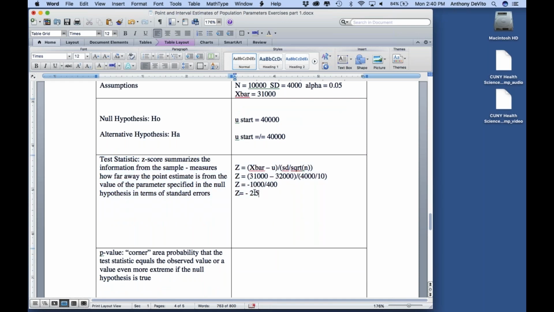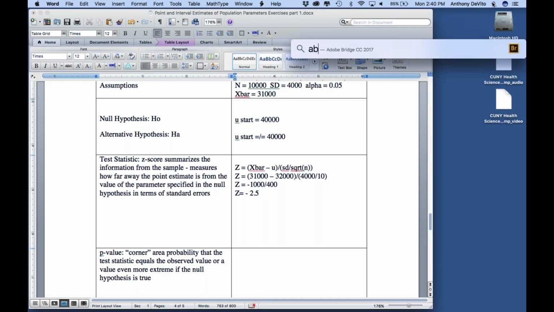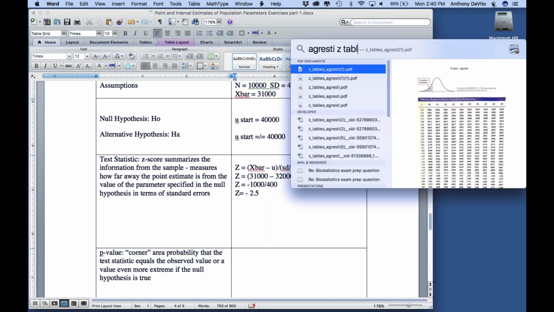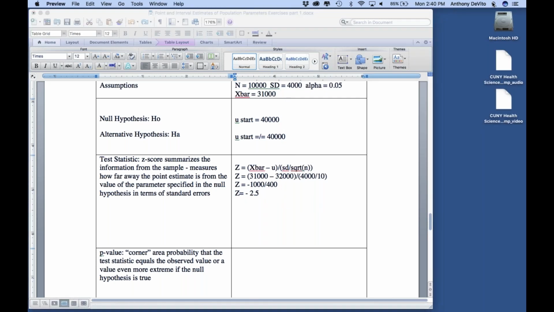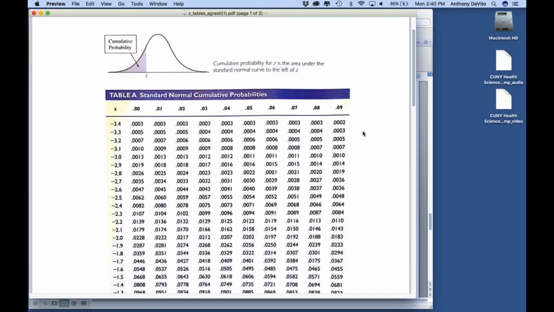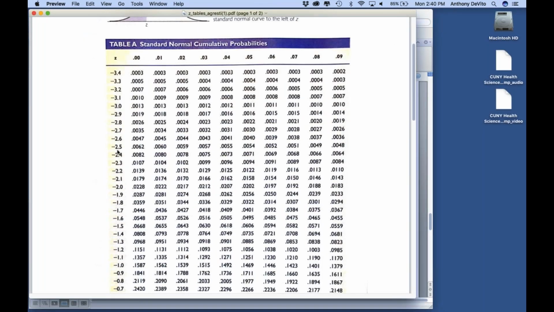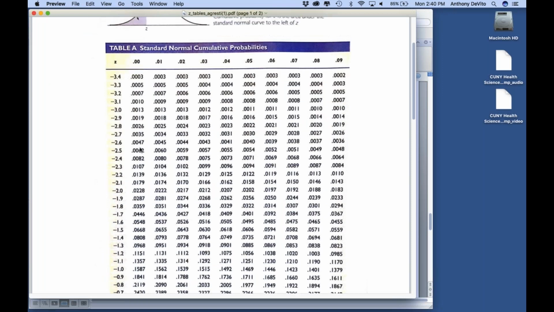Okay, so now if I were to sketch this out, I would want to know how likely is it for me to get a z-score, a difference between these two means, that's a larger negative number than 2.5. Well, if I go to my z-table, and I look up the z-score negative 2.50, it's 0.006.